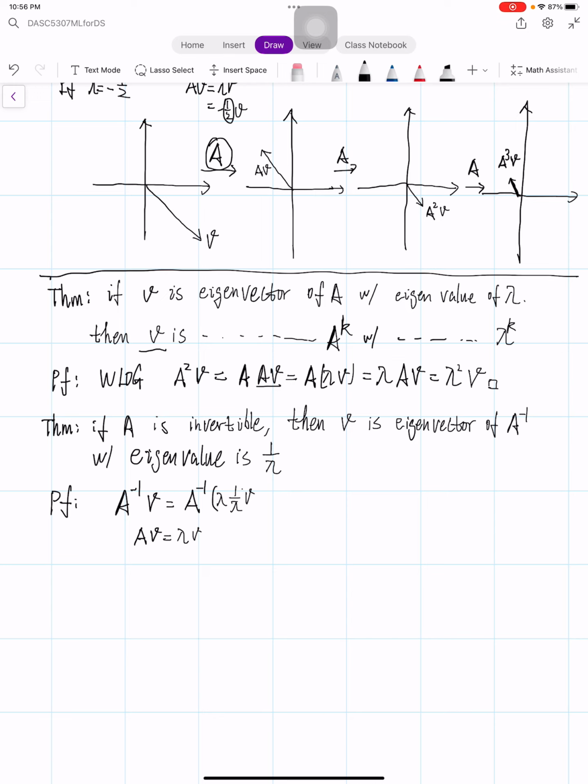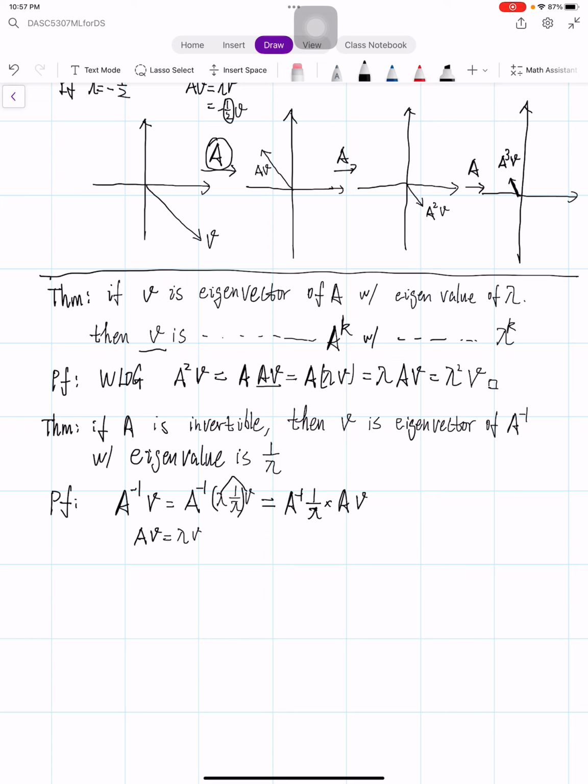Okay, because this is just 1, right? And then we have A inverse. And now we know A times nu is lambda times nu, so this is lambda multiplied by A inverse times A nu.